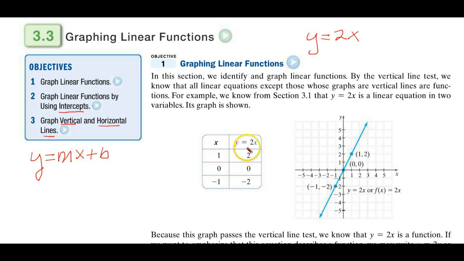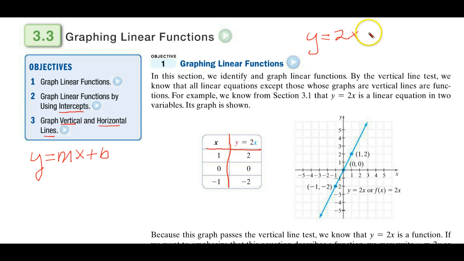And if we put some values, in the traditional t-chart here, 1, 0, and negative 1, and you put the values there for x, you get these. And if you made a graph by plotting the points, you get this.